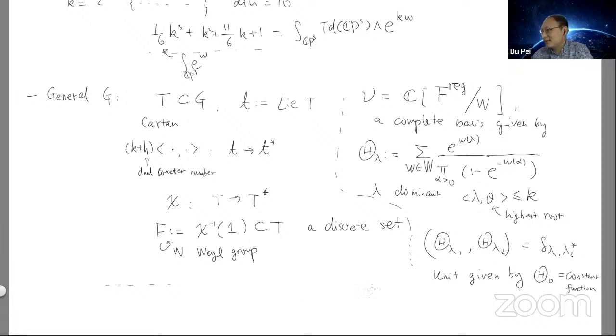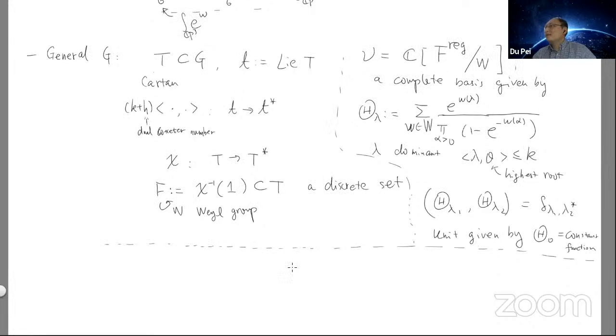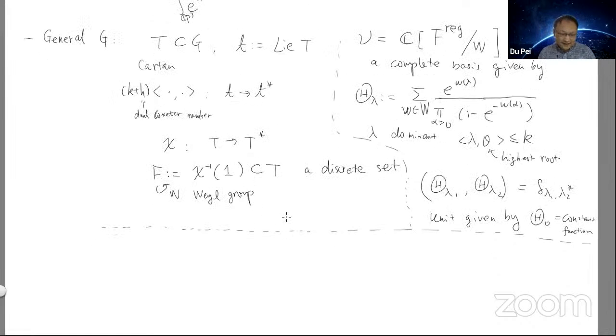So this is a generalization for general G. And one interesting feature is that here we don't need to choose this particular basis.